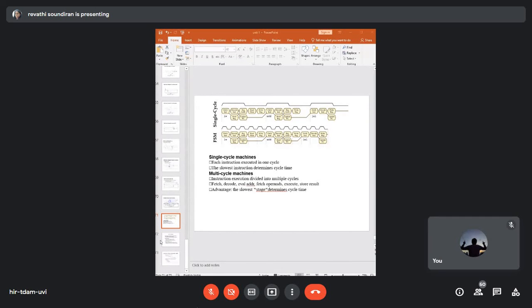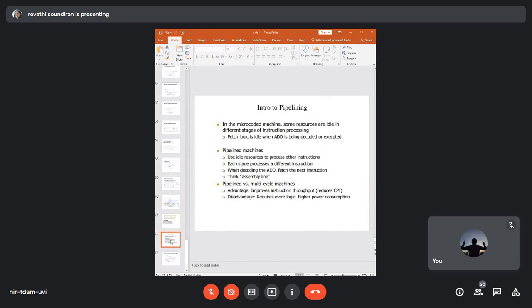Next, our modern-day computers come up with advanced microarchitecture, that is the pipelining architecture. To get introduced, first, why should we go for this? You should understand what memory access latency is first.